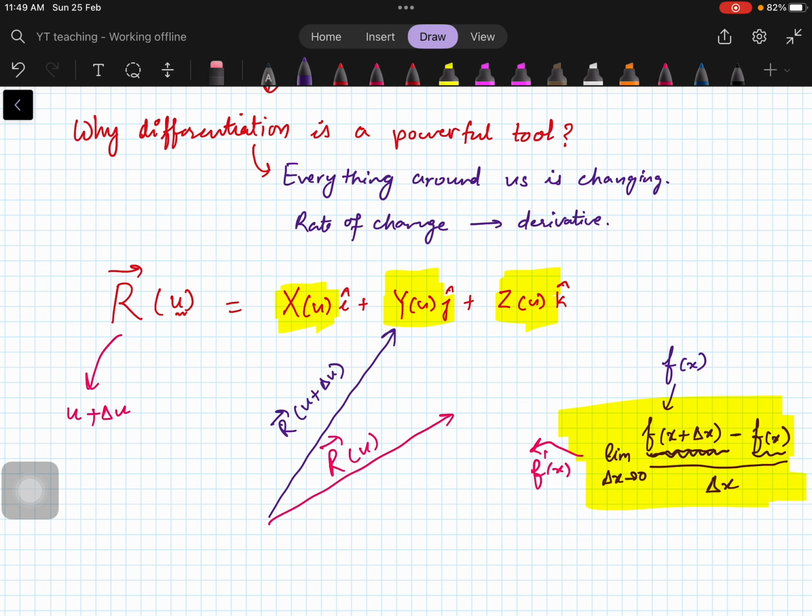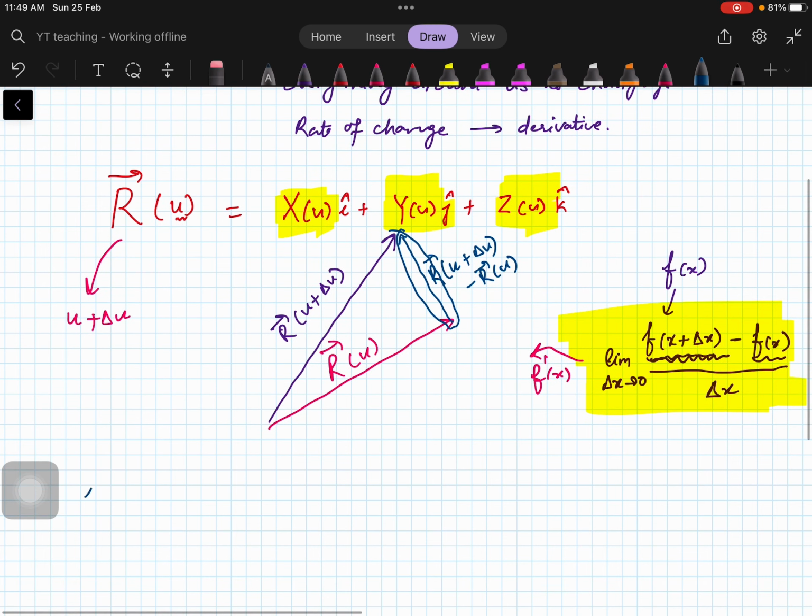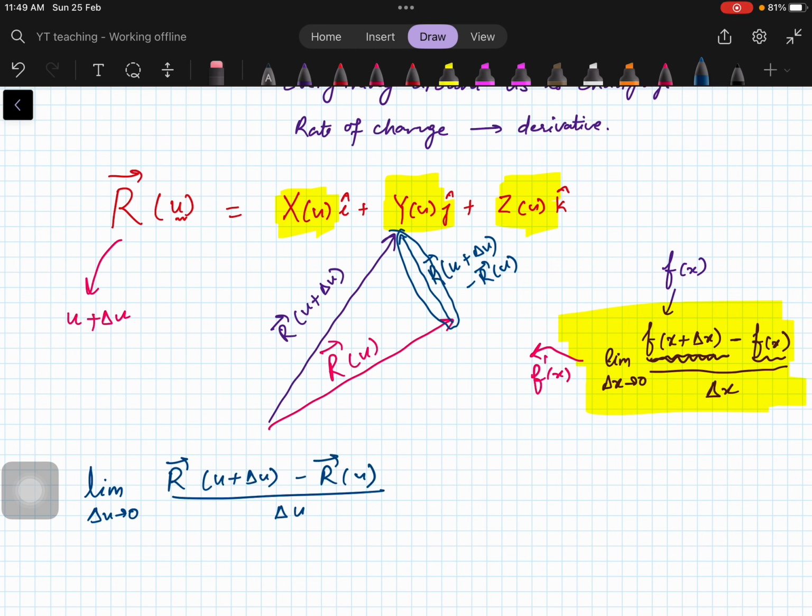And then this vector here will be giving me r(u plus del u) minus r(u). Okay, so this is that vector which is the difference. So what I am going to do, I'll take the limit del u going to 0 of r(u plus del u) minus r(u) divided by del u, right?